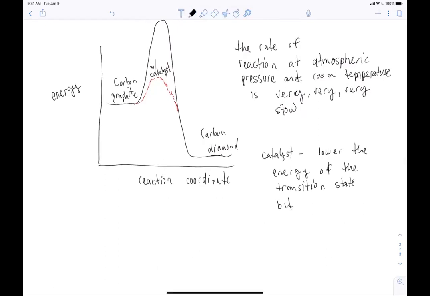But they're not products, or you could say they're not consumed. I feel like that's always emphasized with catalysts, but they're not consumed during the reaction.